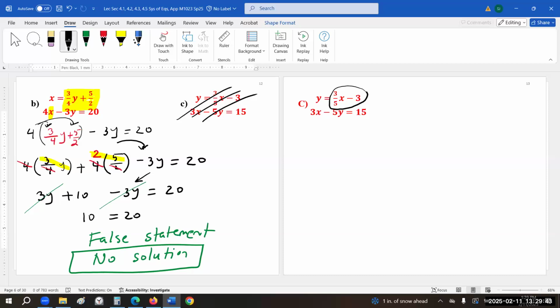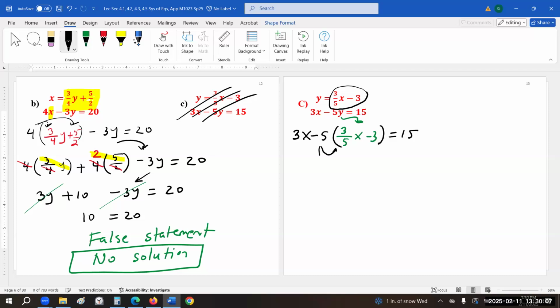So y is the entire expression. So in 3x minus 5y equals 15, instead of y, it becomes 3/5 x minus 3. We change this y with the entire expression.